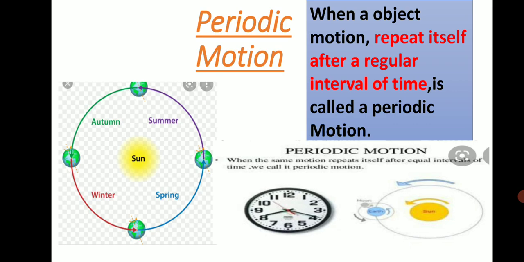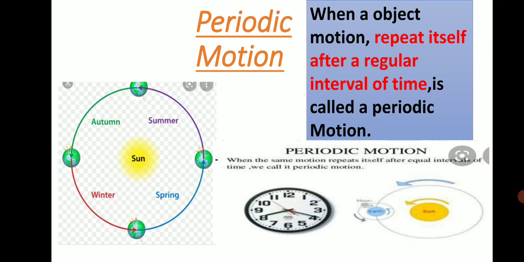periodic motion. We all know that the moon moves around the earth. It takes about 30 days to make one complete revolution. Then this motion is repeated, and the process goes on and on month after month. So the type of motion which repeats itself after a regular interval of time is called periodic motion.